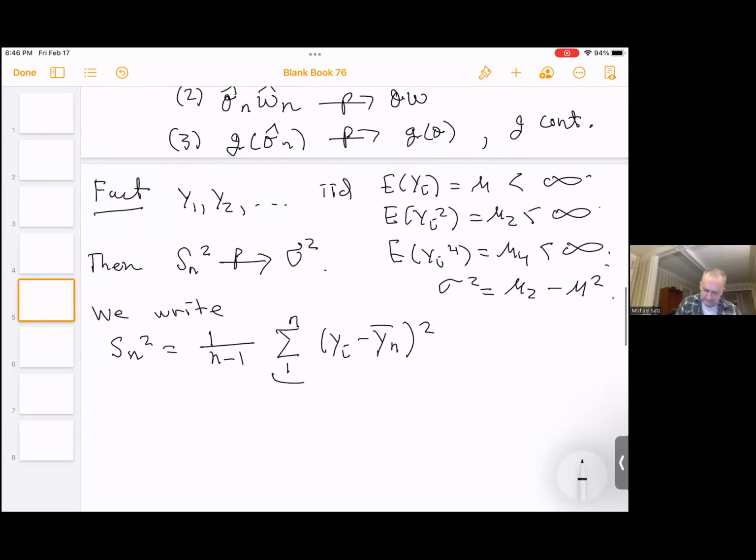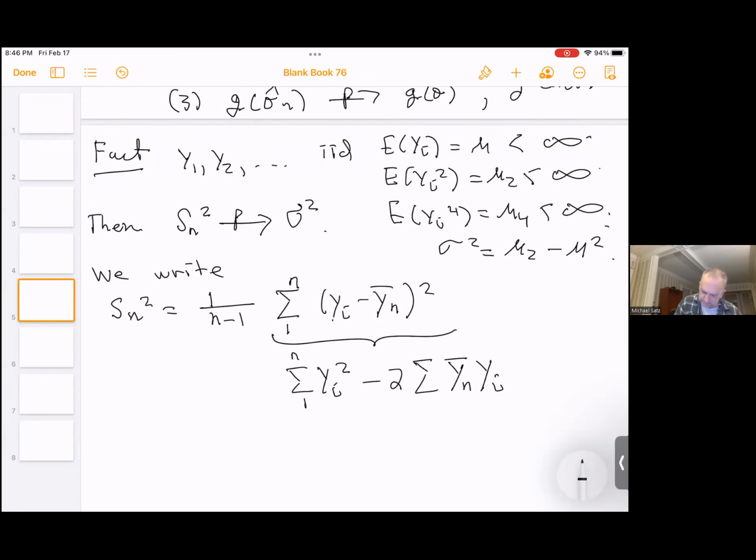And this we will manipulate as follows. Let's square this out and apply the sum. So I get the sum 1 to n of yi squared. The middle term is minus 2 sum, yn could come out too. We'll take it out next time.